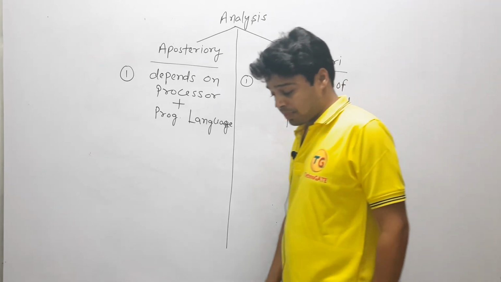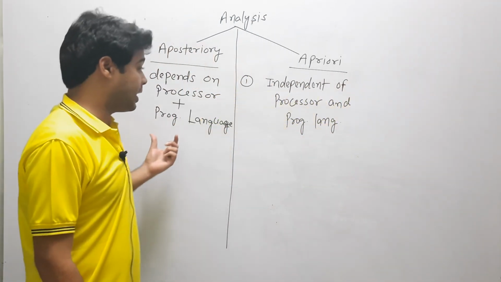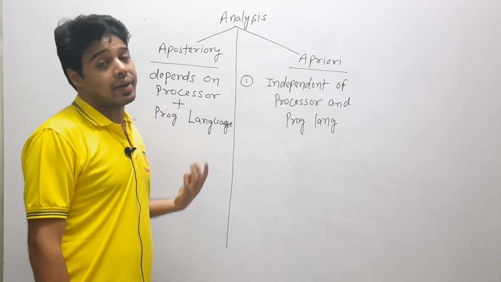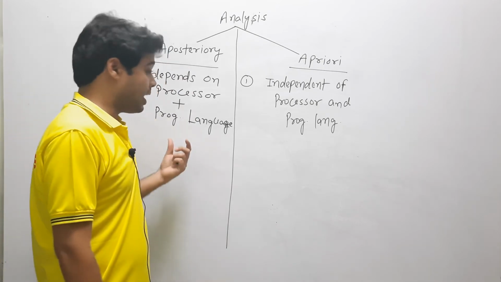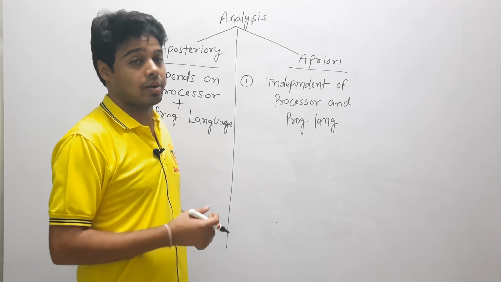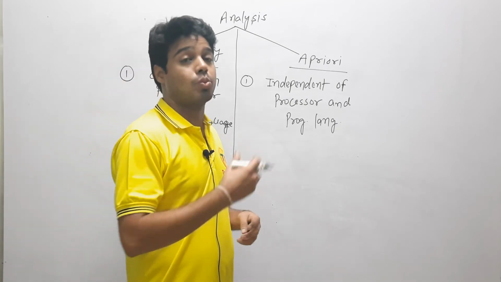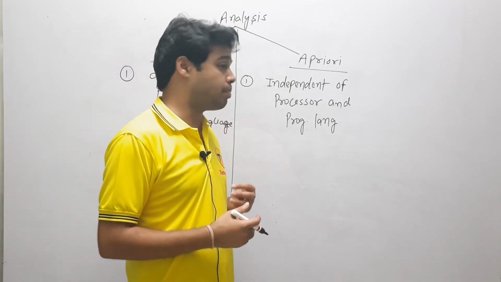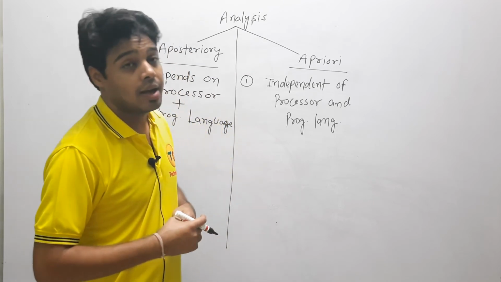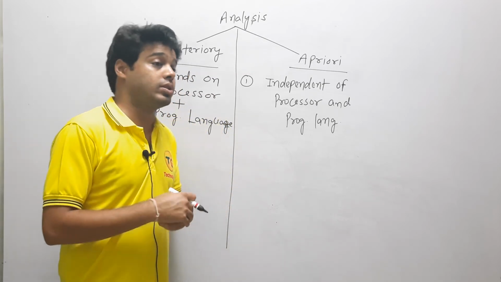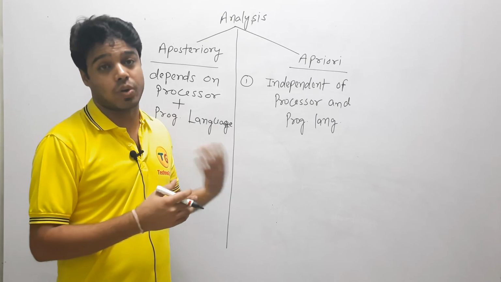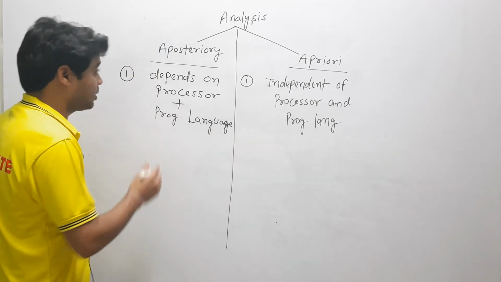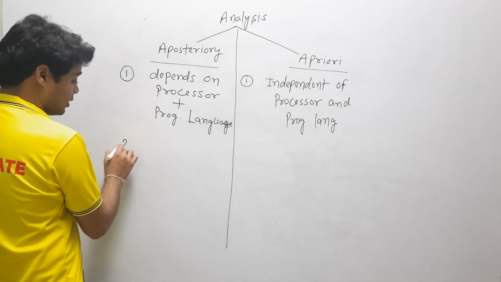Here, the a posteriori analysis is a dependent analysis, so different answers may be obtained. Suppose you are using a Motorola processor and the output is 10. With a PowerPC processor, the output is 15. With an ARM processor, the output is 20. So different answers are possible in the a posteriori analysis.